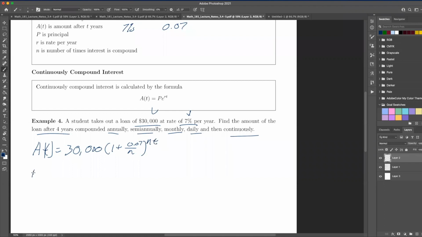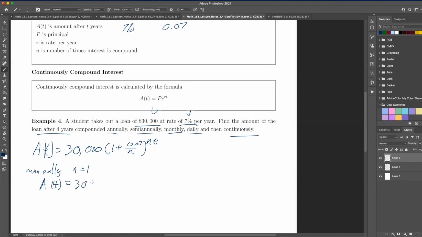All right, let's just do annually first. We're doing it for 4 years, and n is equal to 1, because that's how many times we're compounding per year, so once.